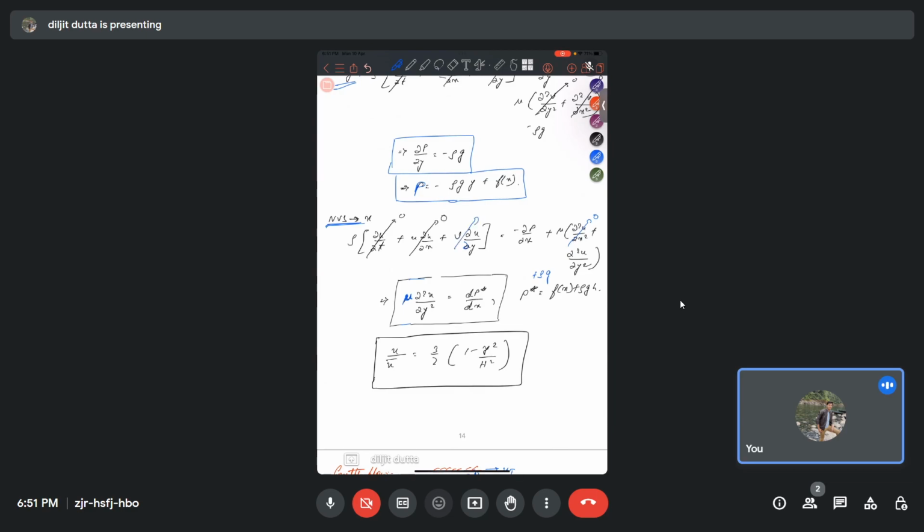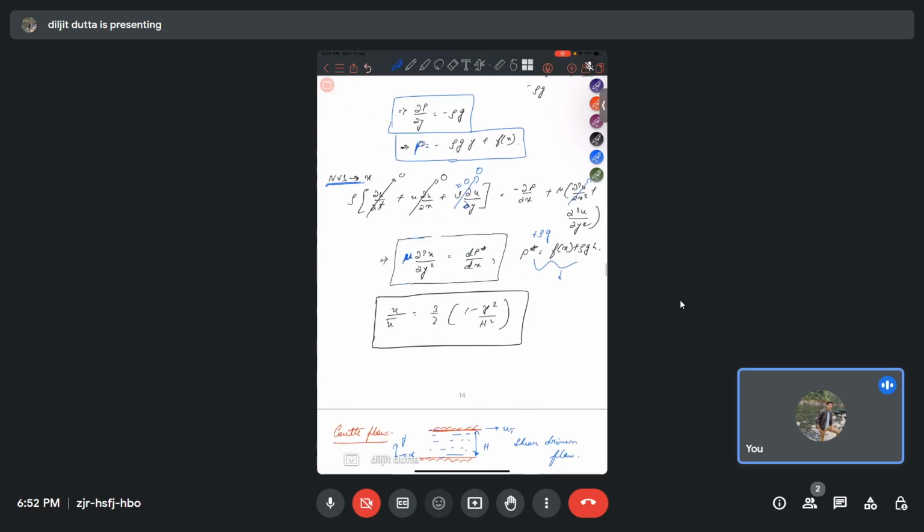And this term will be 0 since v is equal to 0. So we consider p star as p plus rho g y.